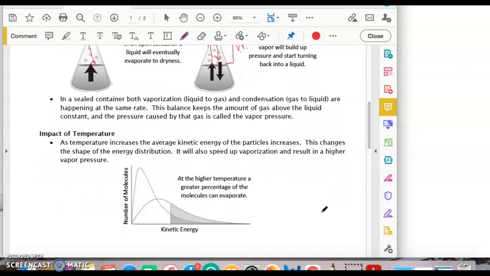Alright, so how does temperature affect our vapor pressure? As temperature increases, so does the average kinetic energy of the particles. So this will actually cause a change in the shape of our distribution curve. As we said a little bit ago, the x-axis we could just relate to temperature.